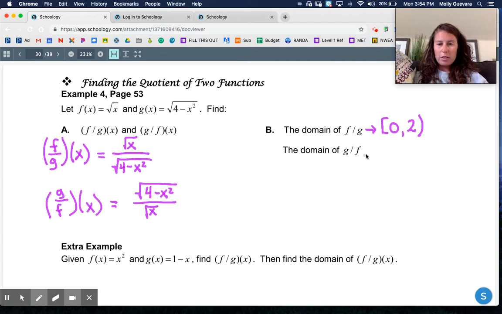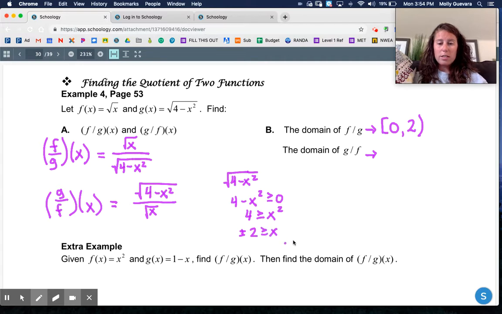Now I want the domain, right? So again, we're going to look at the top, square root of 4 minus x squared. Now the top can be 0. So 4 minus x squared can be greater than or equal to 0 here. So I get 4 is greater than or equal to x squared. So I get plus or minus 2 is greater than or equal to x.